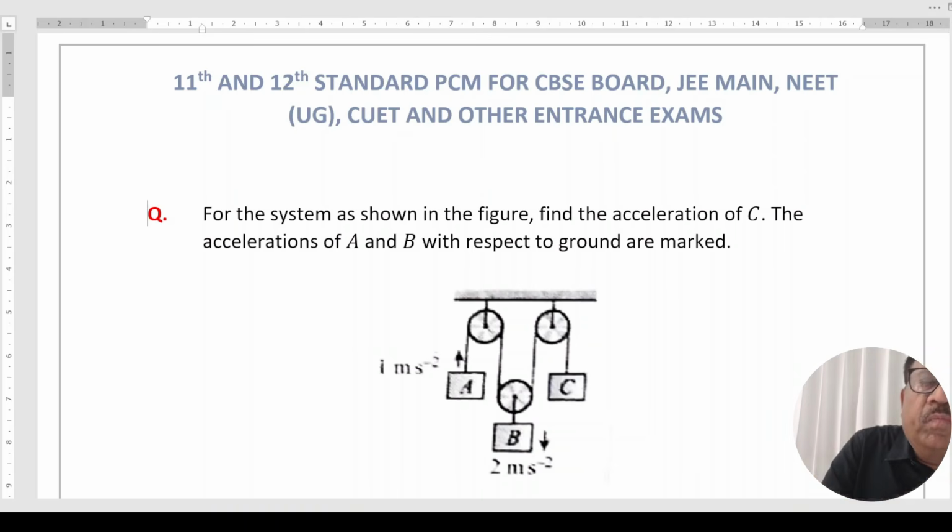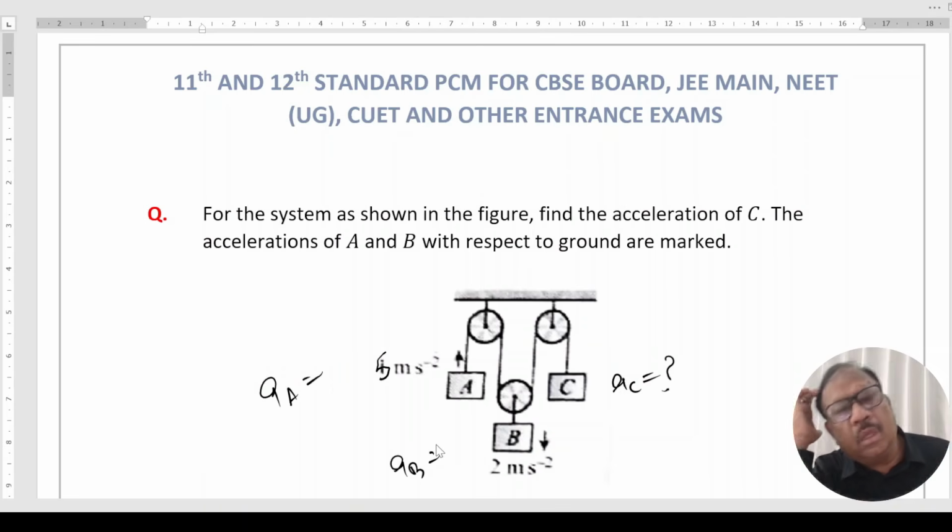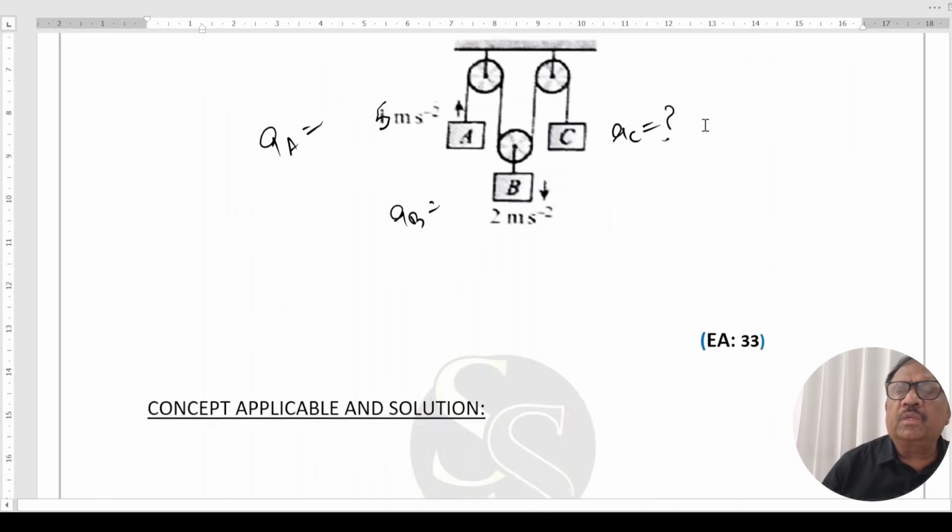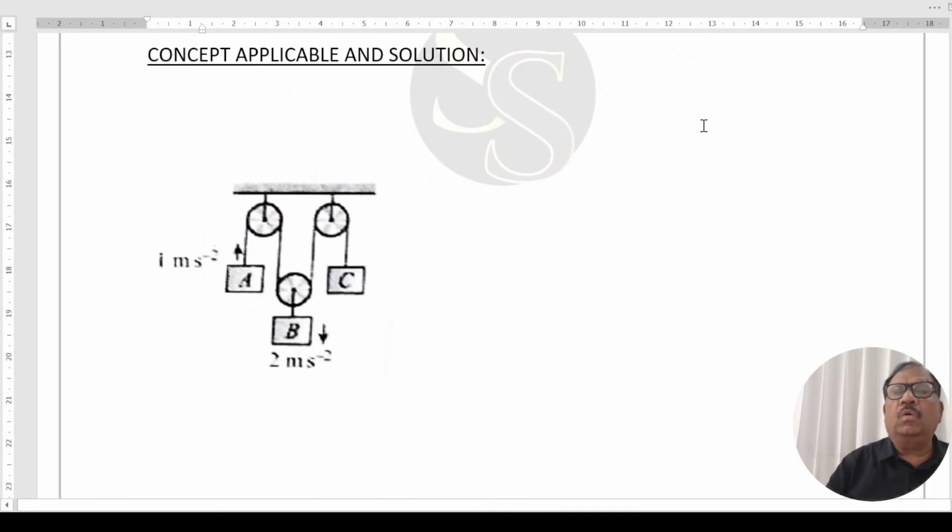Question is, for the system as shown in the figure, find the acceleration of C. We have to find the acceleration of C. Acceleration of A is 5 meter per second squared, AA, and this is AB, with respect to ground or mark. We have to find the acceleration of C. Now, concept.